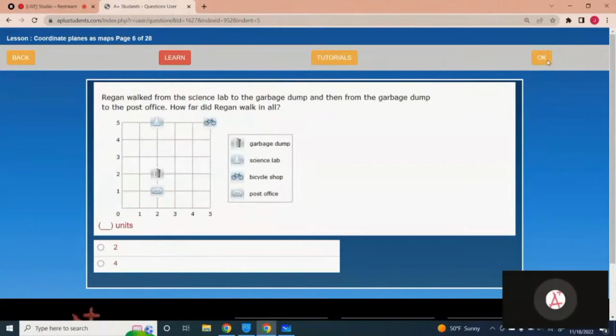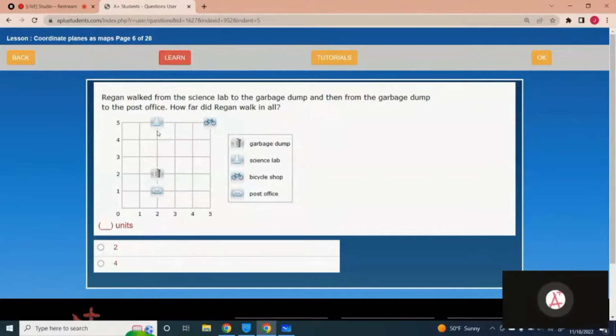Reagan walked from the science lab to the garbage dump and then from the garbage dump to the post office. How far did Reagan walk in all? Okay, where is the science lab? Here is the science lab, to the garbage dump, then from the garbage dump to the post office.